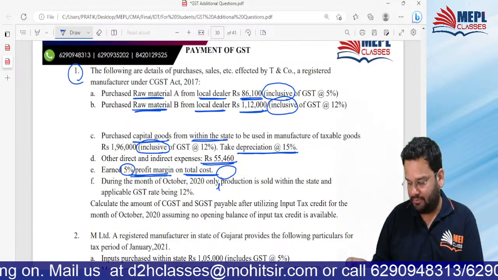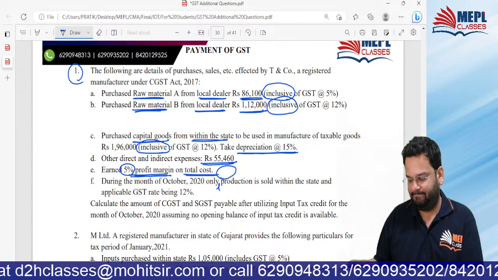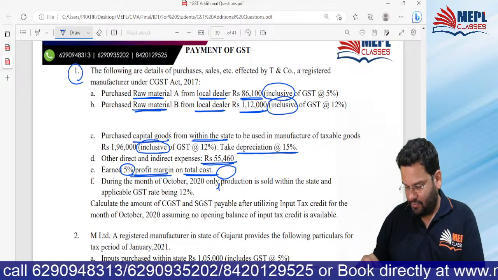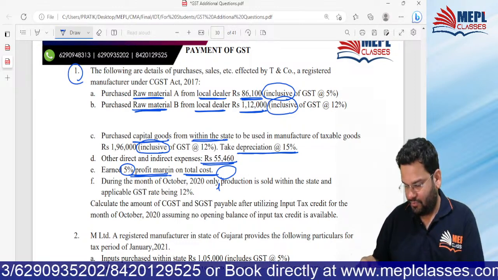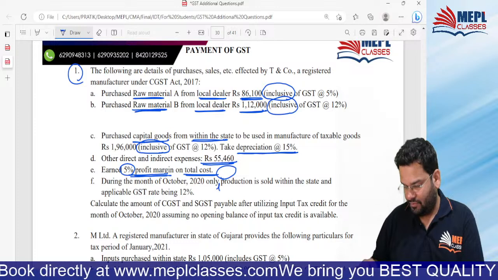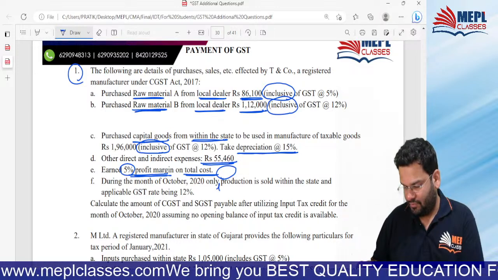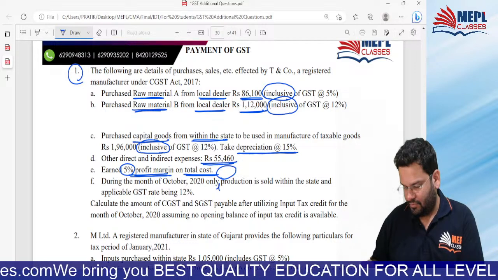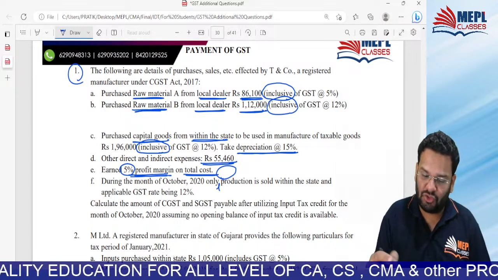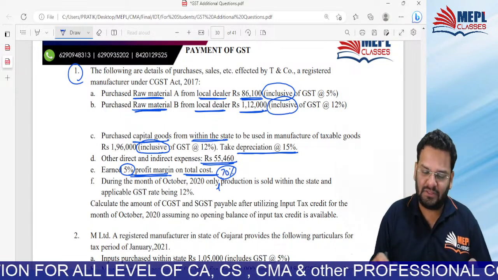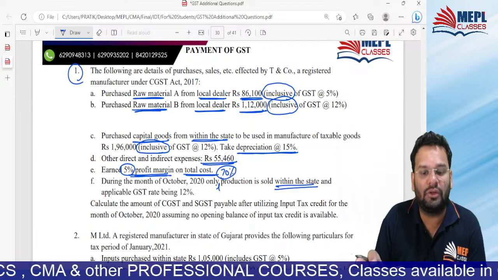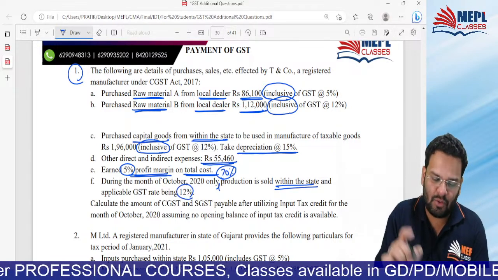Not everything was sold. Only 70% of production is sold within the state. That means 30% is unsold. And GST rate is 12%.